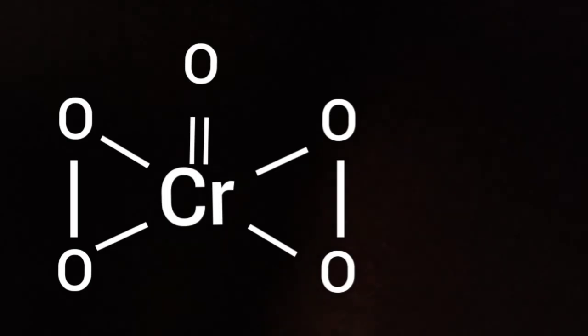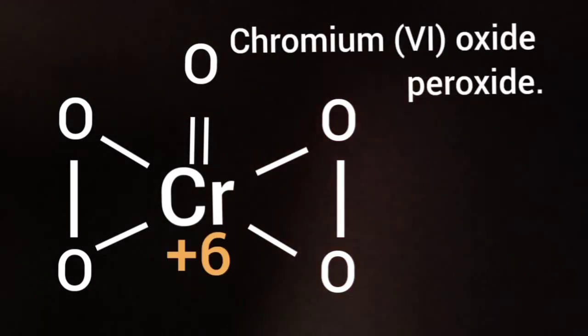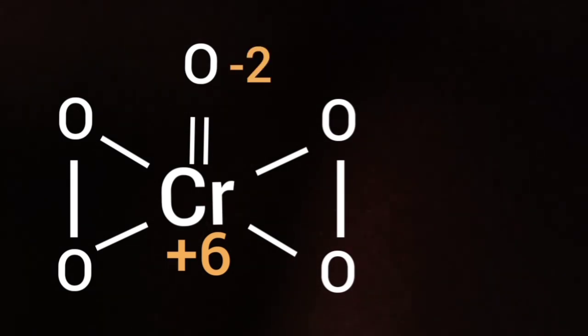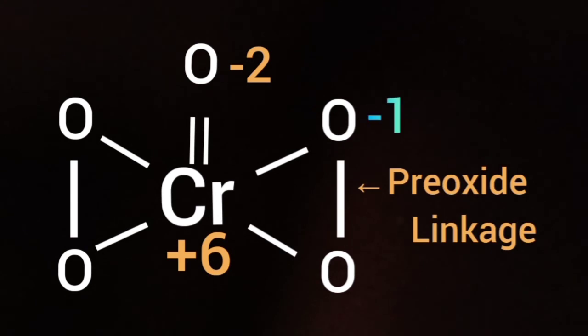In CrO5, the oxidation number of the central chromium atom is +6. The oxidation number of this oxygen is -2, bonded to the central chromium atom by a double bond. The oxidation number of this oxygen in the peroxide linkage is -1.